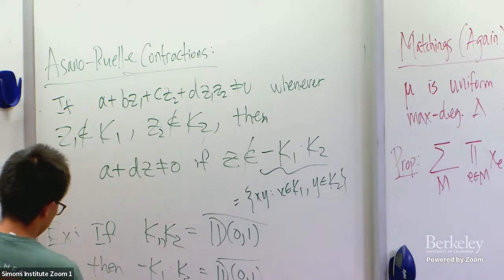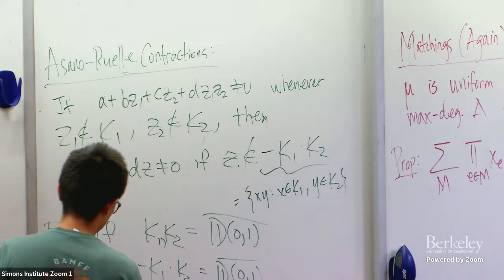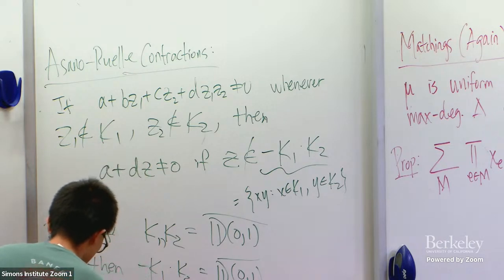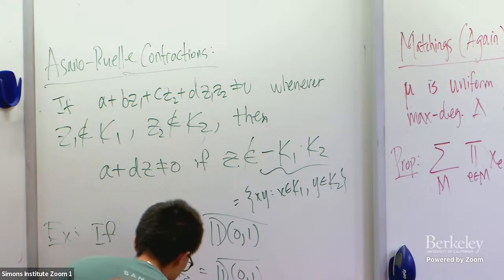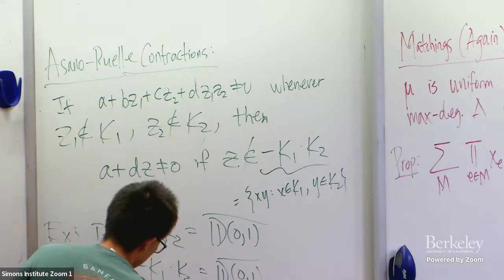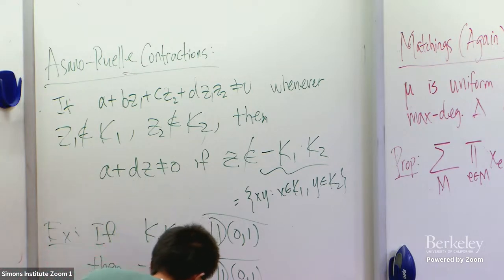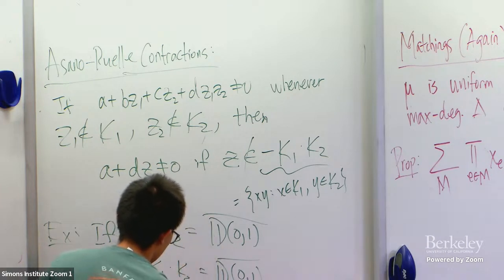Another example is if K1 and K2 are a big half plane, maybe with some gap epsilon.